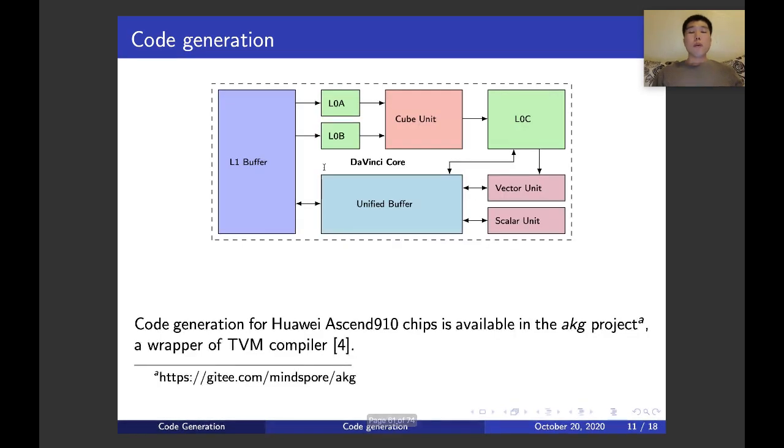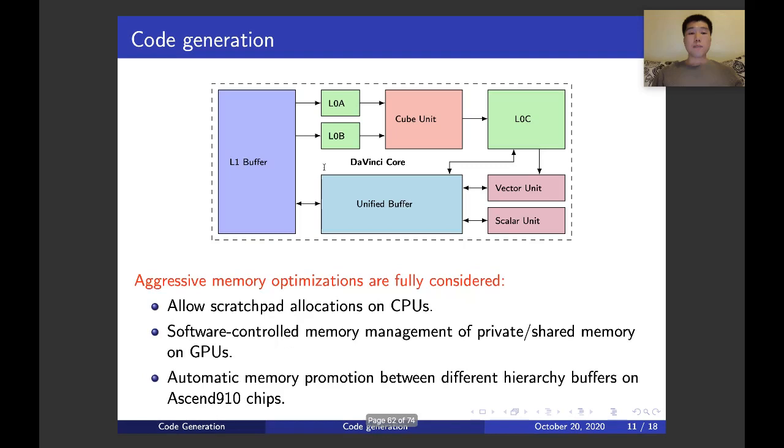We also implement our approach in the AKG project, a wrapper of the TVM compiler. It can generate code for an AI accelerator, i.e., Huawei Ascend 910 chips, of which the architecture is shown on the top of the slides.